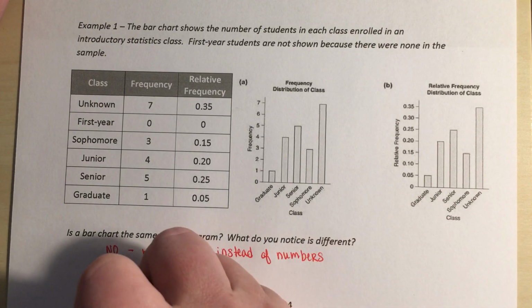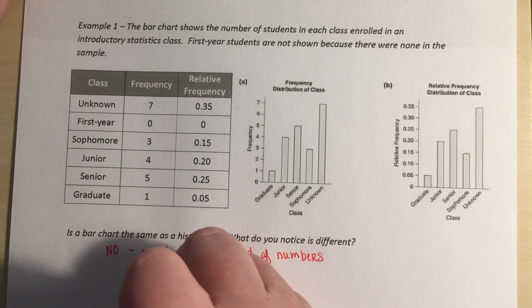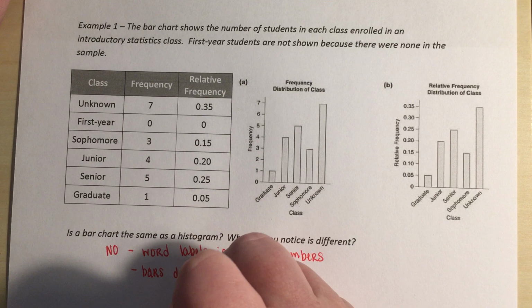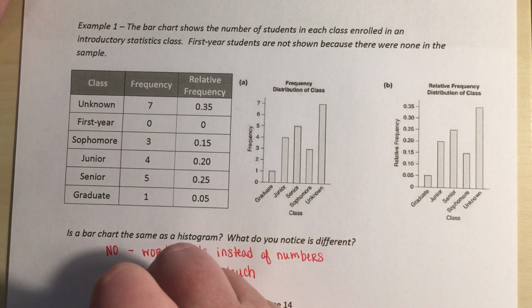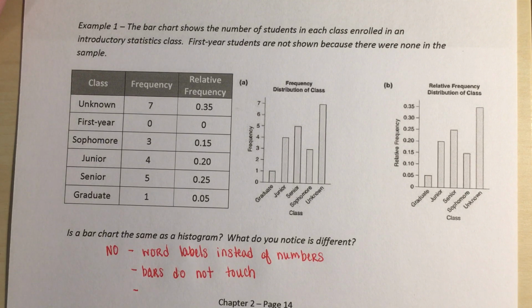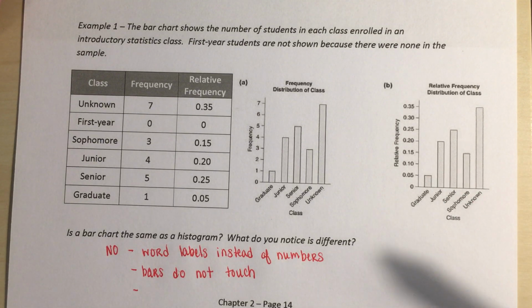Notice that our bars do not touch. And also notice that when we're talking about the definition, we can rearrange the bars in our bar chart from most frequent to least frequent into any other order that we want to.